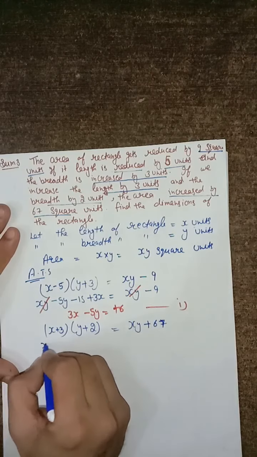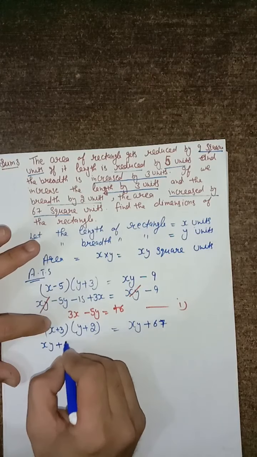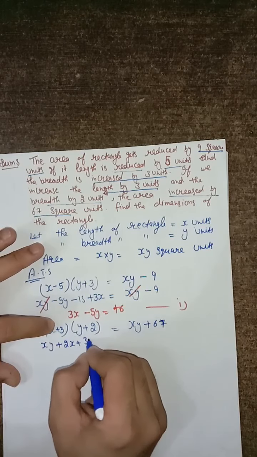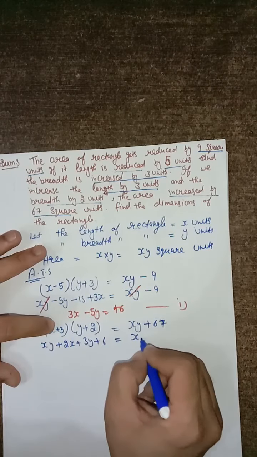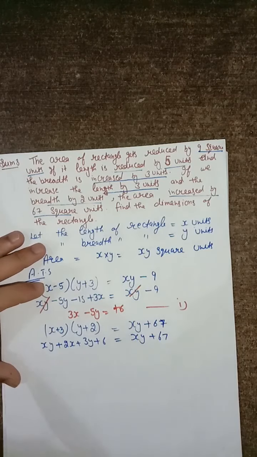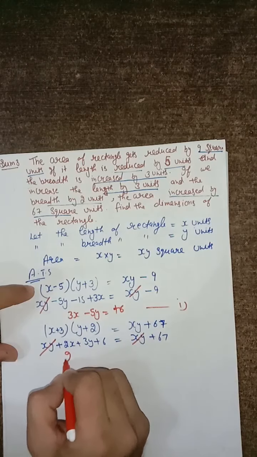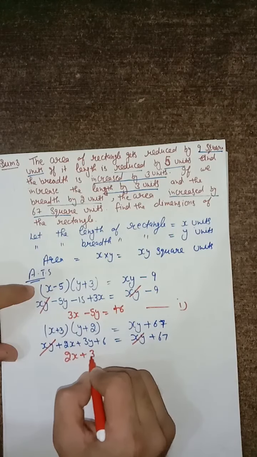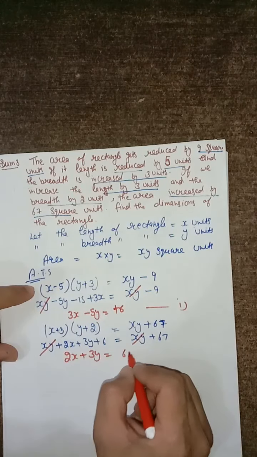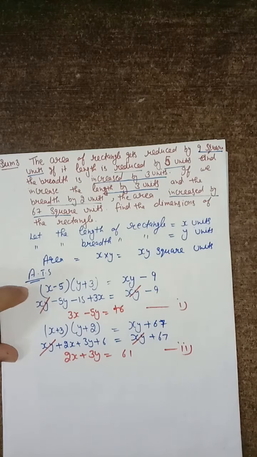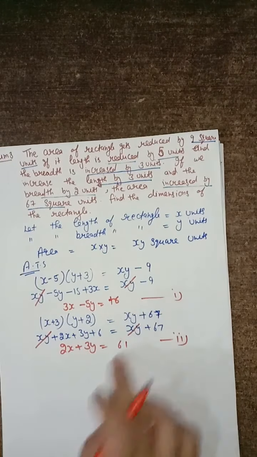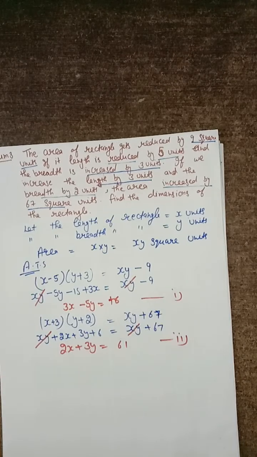Now solve xy plus 2x plus 3y plus 6 equals xy plus 67. Again xy will get cancelled out, and here we are left with 2x plus 3y equals 61. This is my second equation. Now solve both the equations and find the values of x and y.